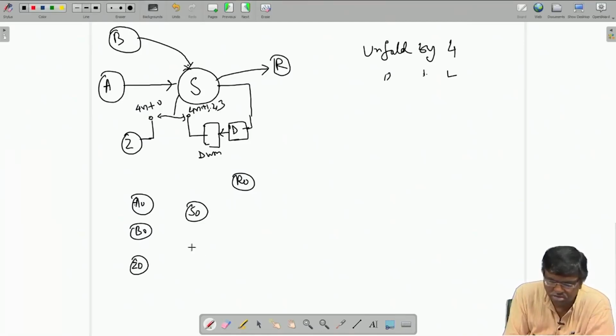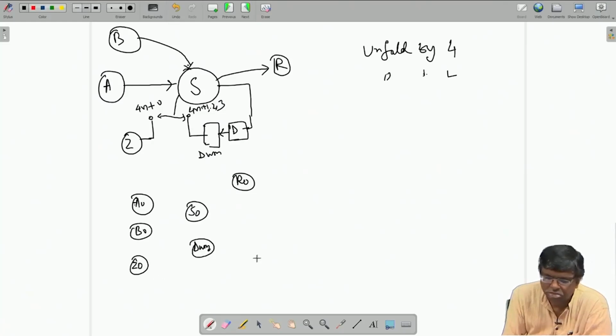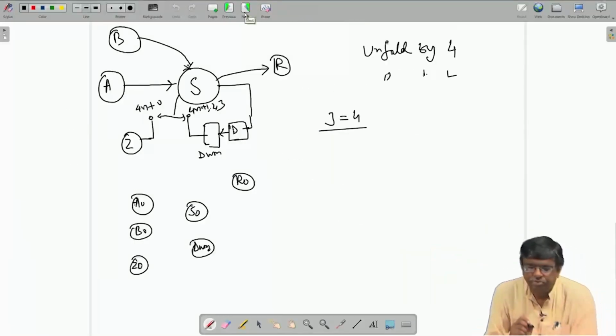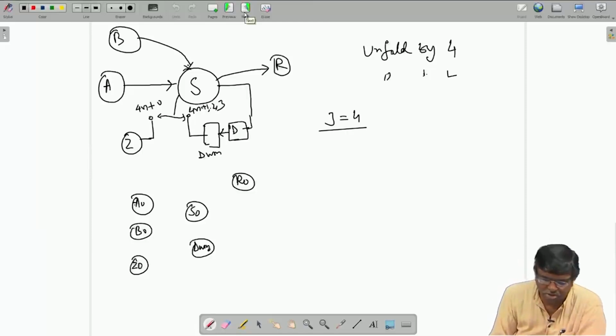So, Z0, DOM 0, okay. So, I am unfolding by j equal to 4. To start with, unfolding by j equal to 4.